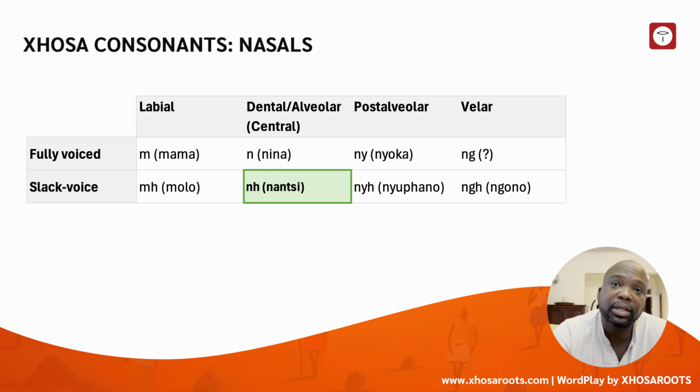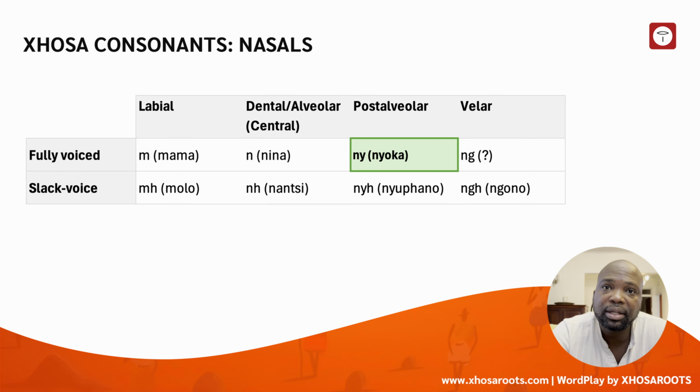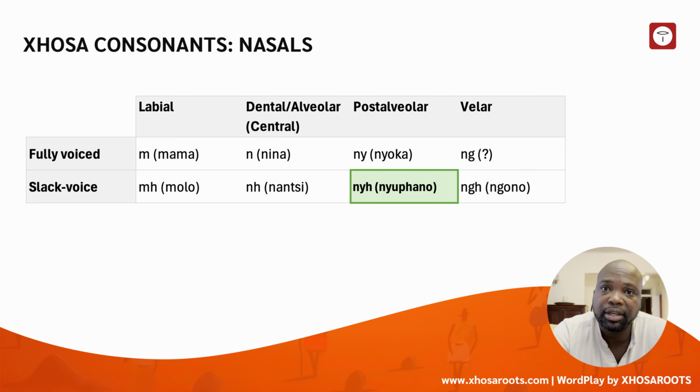The postalveolar is nya, nya, nya, and the slack voiced version of that being nya, nya, nya. And lastly, we have the velar nasal, which is nga, nga, nga.